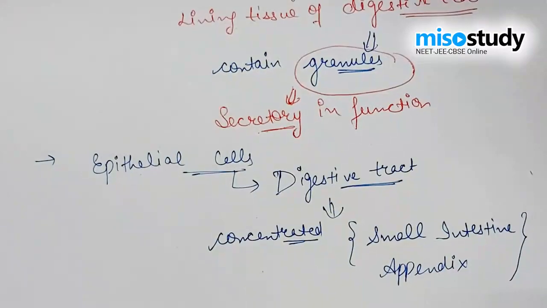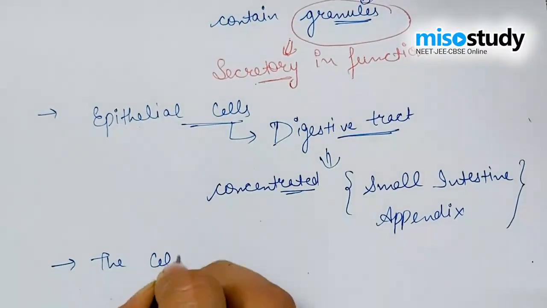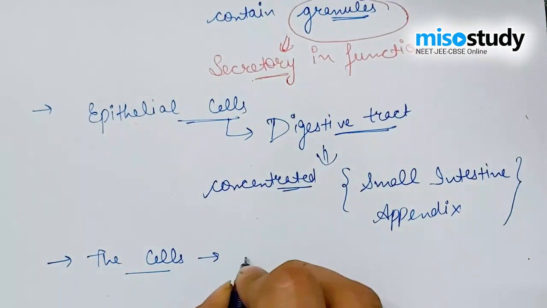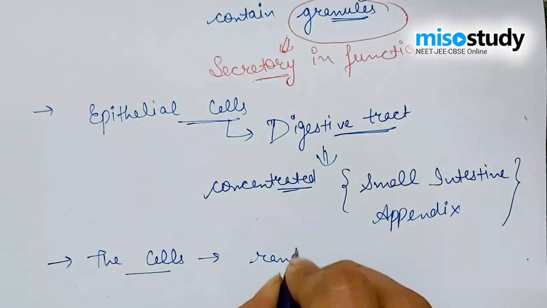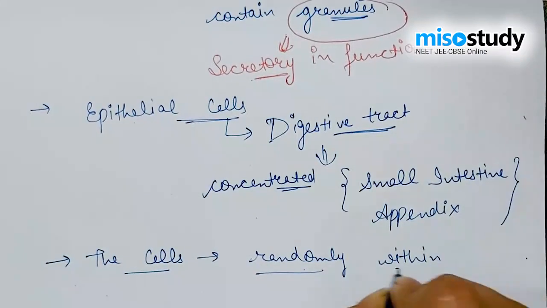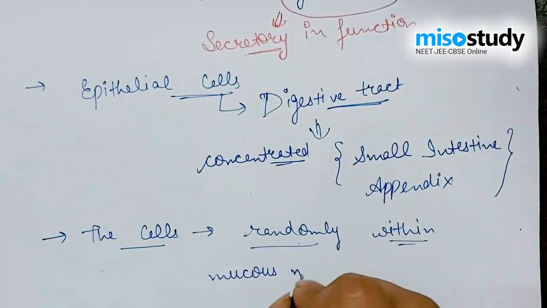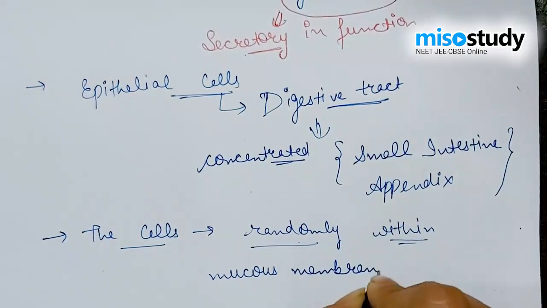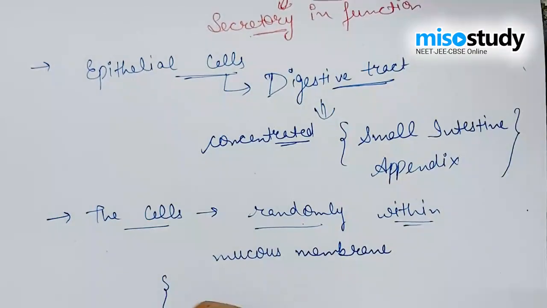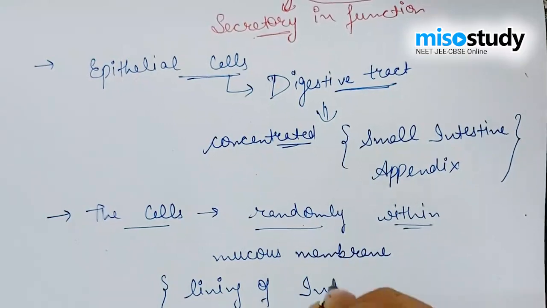When we discuss the argentaffin cells, the cells are located randomly within the mucous membrane that lines the intestine.